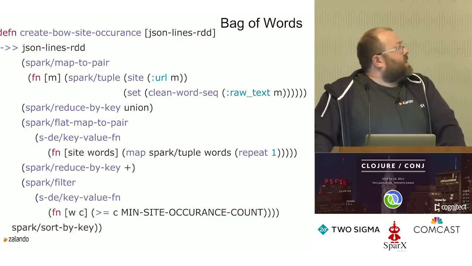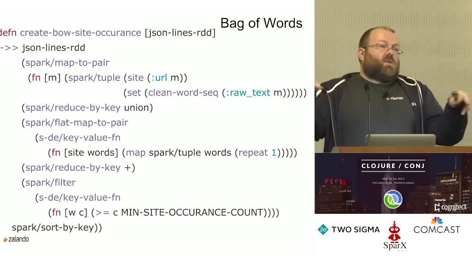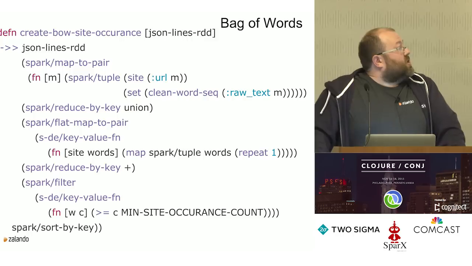So we extracted the site from the URL, and then we extracted the clean words from each document, mapped that to a pair, and then we did a reduce by key, where basically we take all these sets of words per site, and just used the Clojure function union.